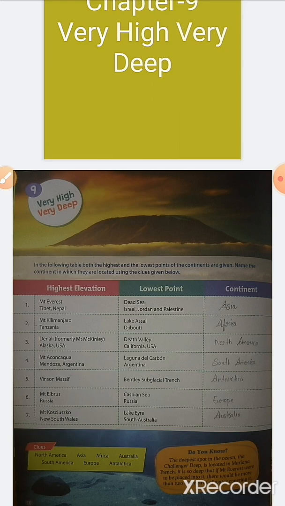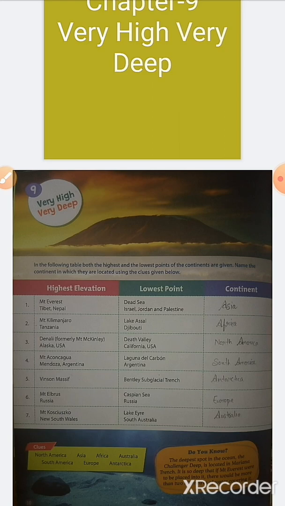So Mount Aconcagua is the highest elevation, and Laguna del Carbon is the lowest point of South America.